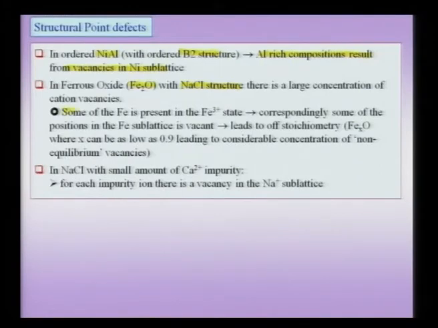Often it happens that some of the Fe is present in the Fe3+ state. So, correspondingly, some of the positions on the iron sublattice are vacant, and this is because of charge neutrality, and this leads to off stoichiometry.